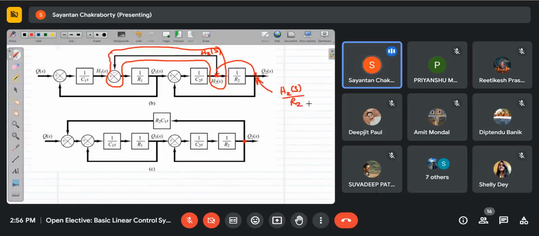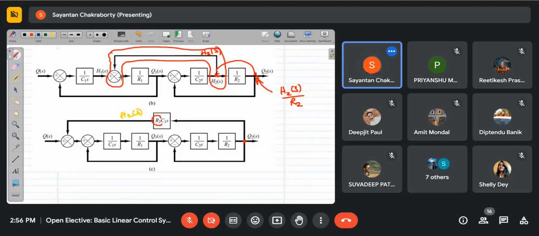H2s by R2. But in the feedback, I want H2s. So what I have to do is multiply that with R2, so that this feedback signal still remains H2s.